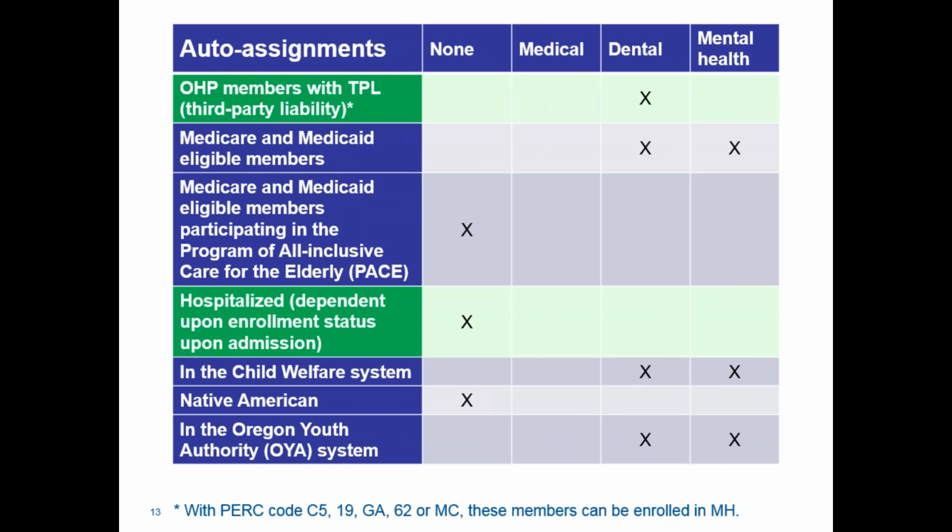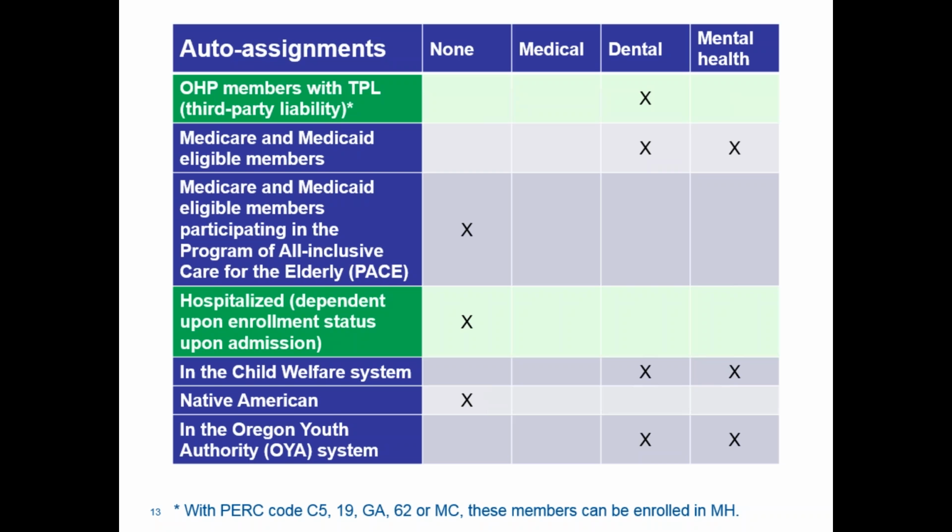So again, talking about auto-assignment, this is where MMIS is going to auto-assign certain populations of clients. Any client with TPL is going to enroll with the dental plan. Our Medicare Dual clients will enroll with dental and mental health. Our Medicare clients who are enrolled with PACE will not auto-assign. Hospitalized clients will not auto-assign if they have the appropriate exemptions.